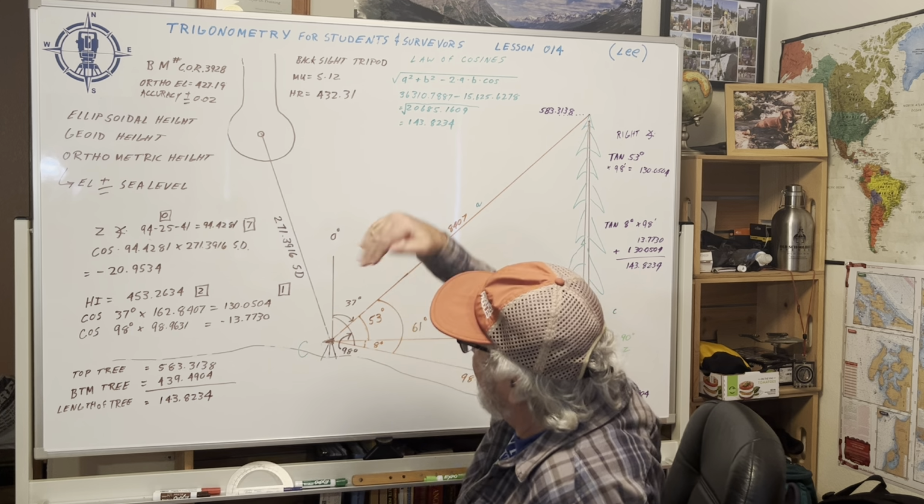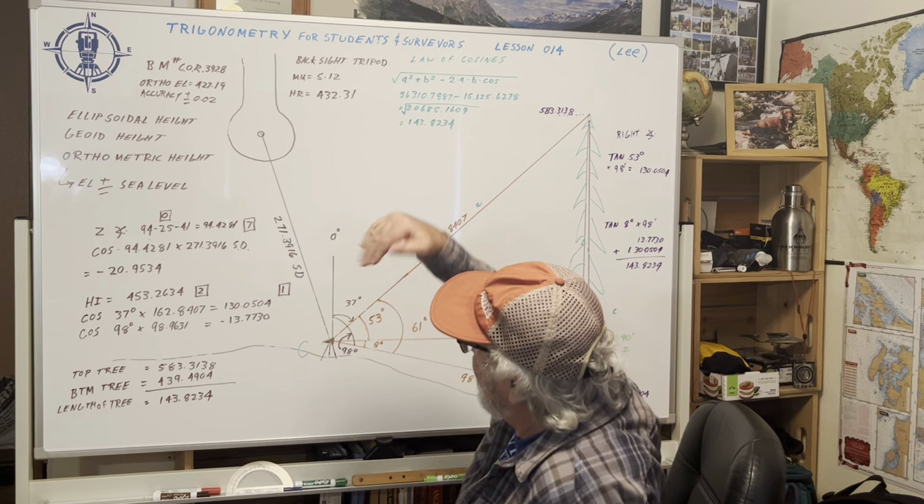Okay, so now we're doing cosine. We want the cosine of that angle. It's a negative 0.0772. And we've measured to it, and the gun's going to give us the slope distance. We want the slope distance, 271.3916, and that's the times.